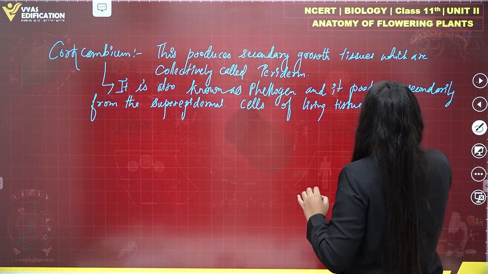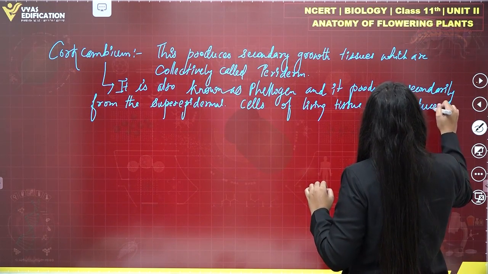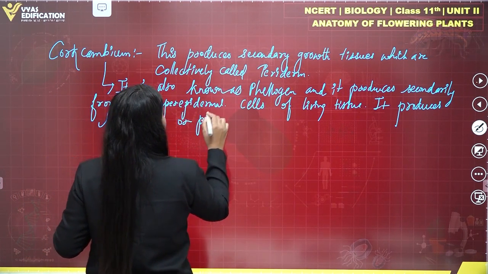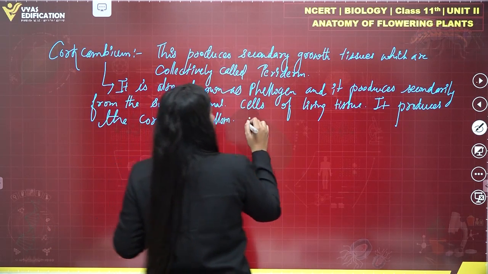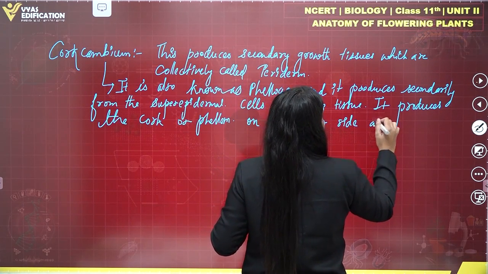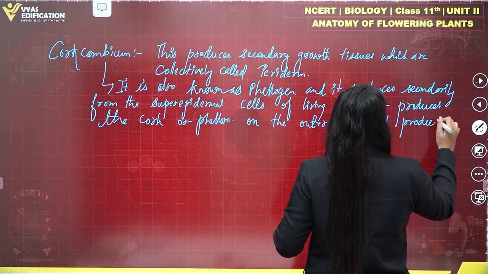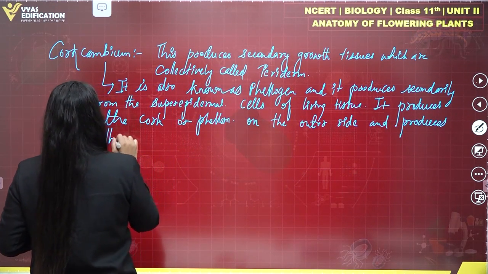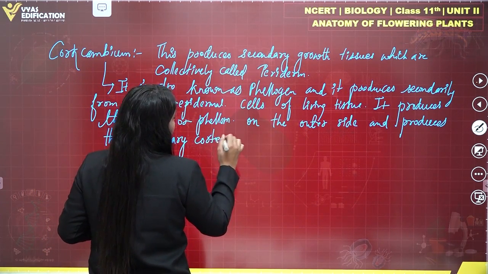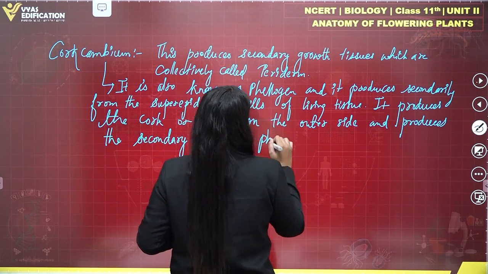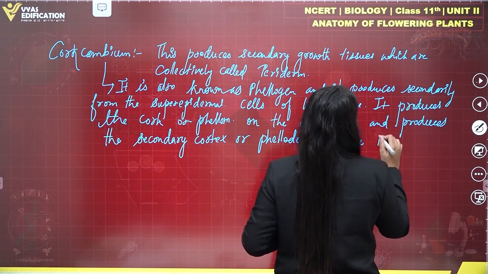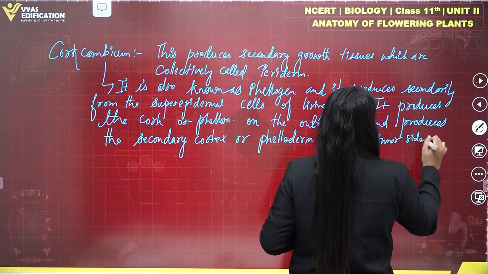So it produces the cork or phellem, because this cork is also known as phellem, on the outer side, and produces the secondary cortex, also known as phelloderm, on the inner side, right?